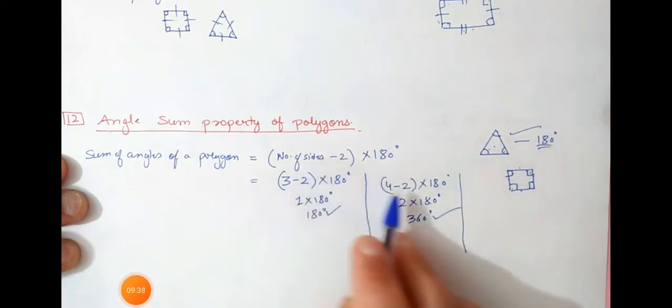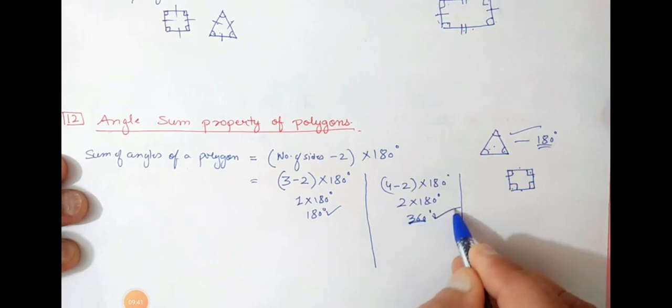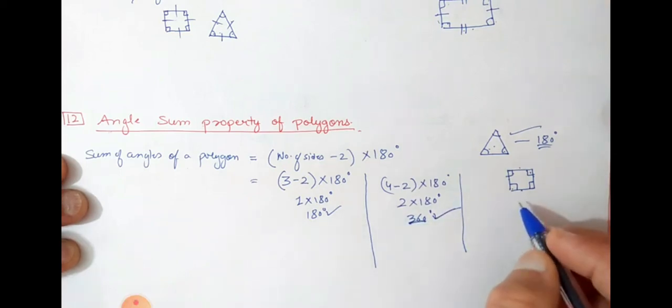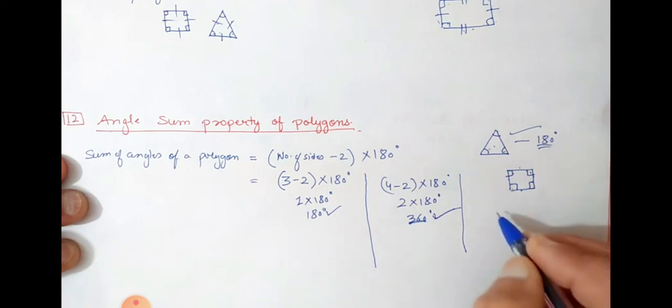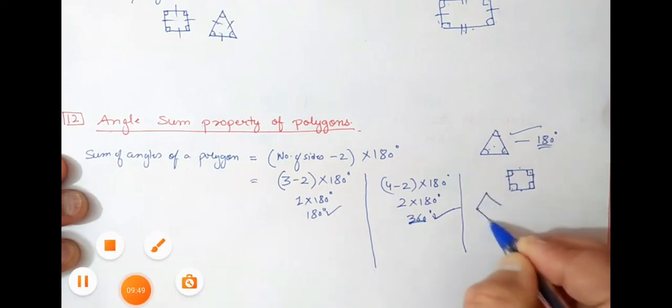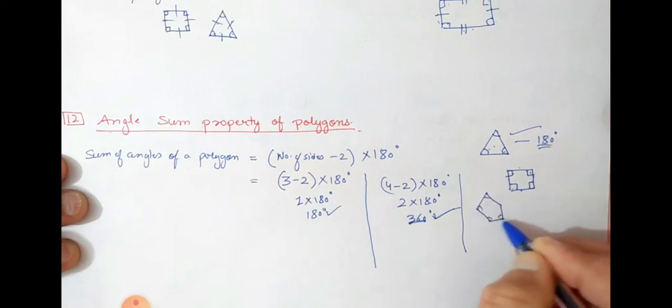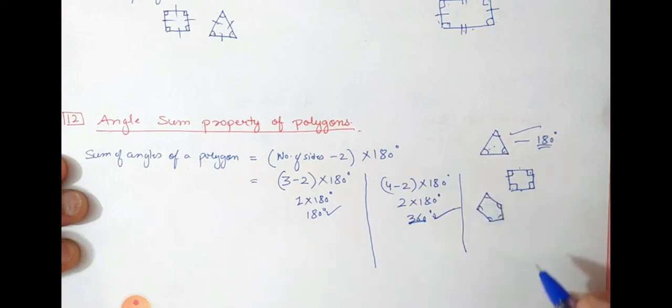Okay children, you can apply it to any polygon. Now suppose 5 sides are there. 5 sides means pentagon. This is a pentagon, 5 sides, 5 angles.